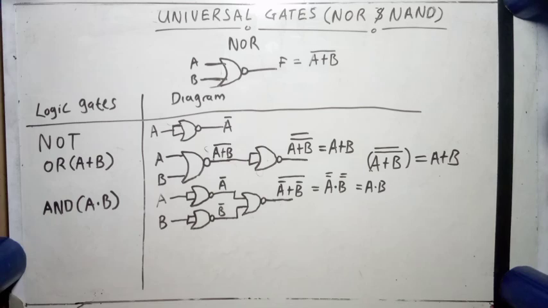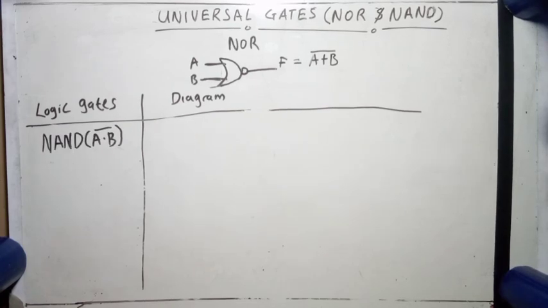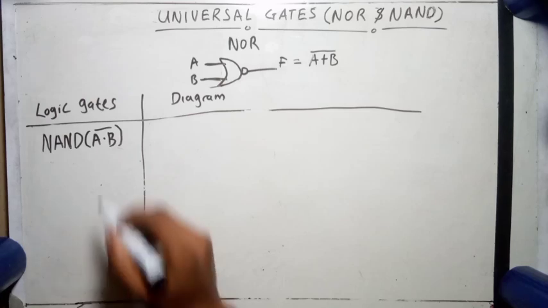Okay. So what is remaining is our XOR and our XNOR and also our NAND. So let us try for NAND first before going over to the advanced ones. Okay. Now for our NAND, the same thing goes again.